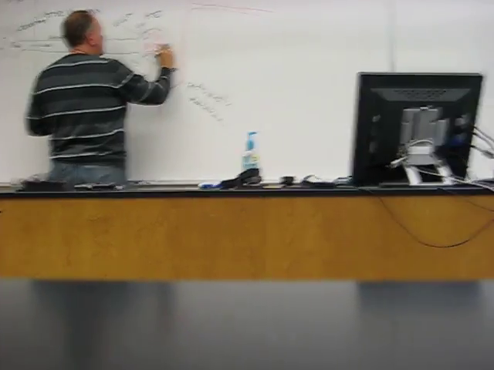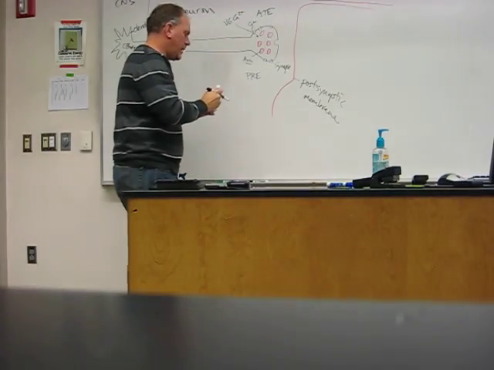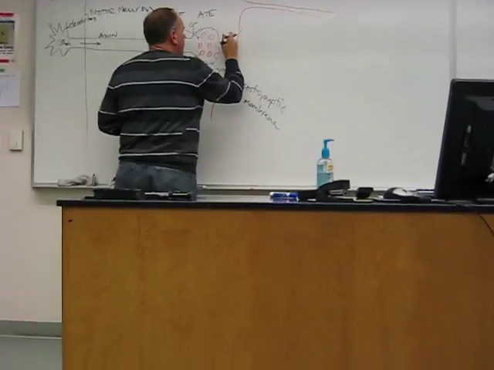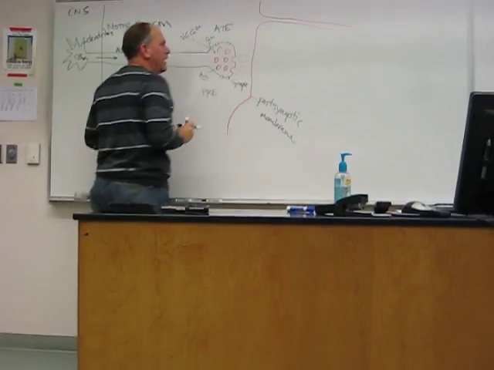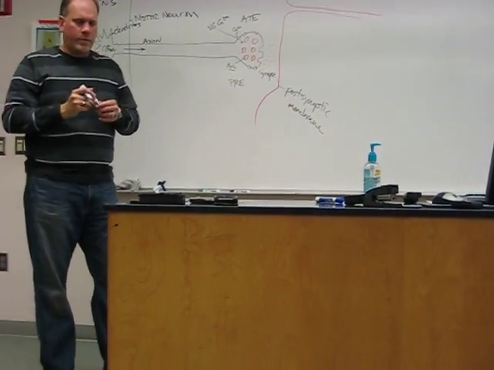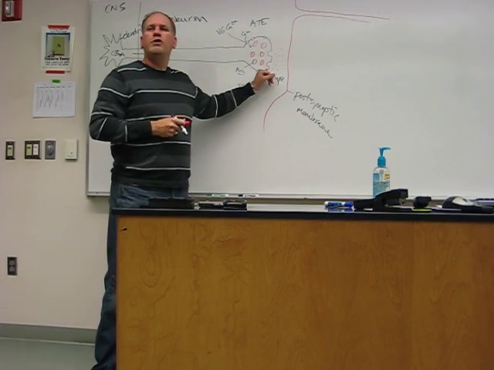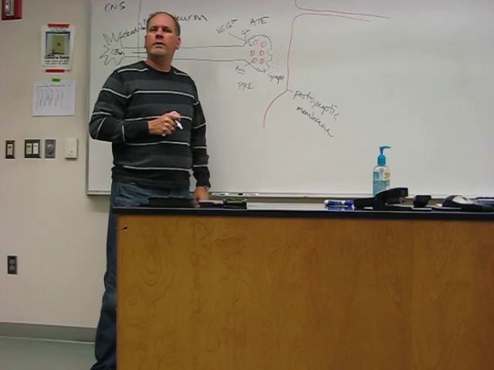And when calcium rushes in, it creates a tidal wave movement that forces the synaptic vesicles to fuse with the synaptic ending and release the neurotransmitter into the synaptic cleft. The process of release of acetylcholine, of fusion of vesicles to the wall, is called exocytosis. You guys remember that?